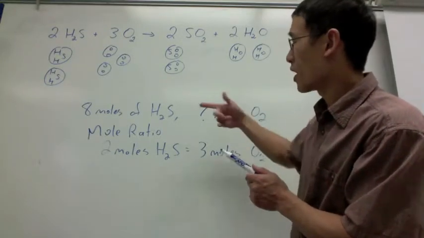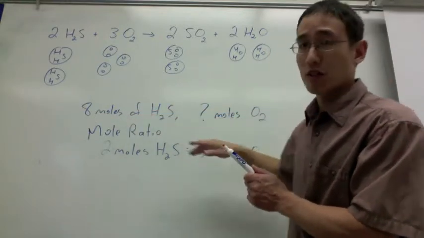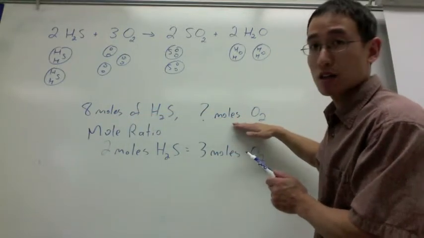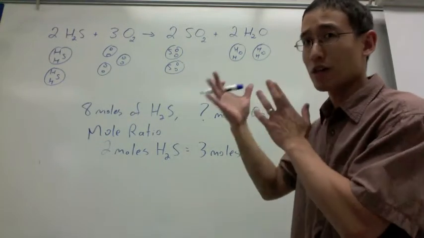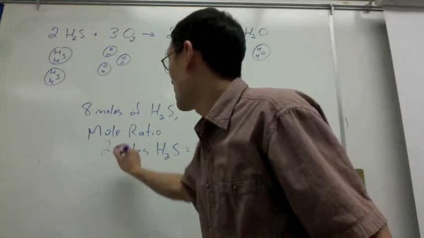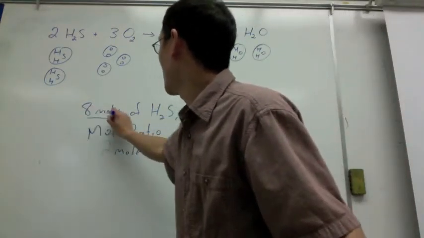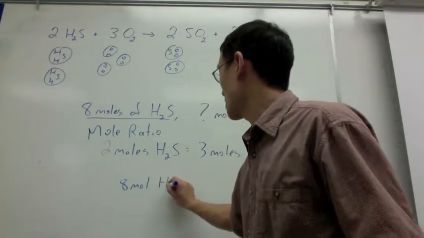And so when I want to figure out how many moles of O2 I need, given 8 moles of H2S, instead of trying to figure it out in my head, I can set up a ratio. This is my given right here. I'll start with the given over 1, 8 moles of H2S.